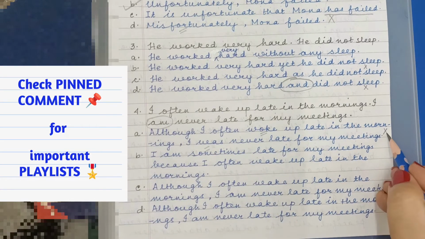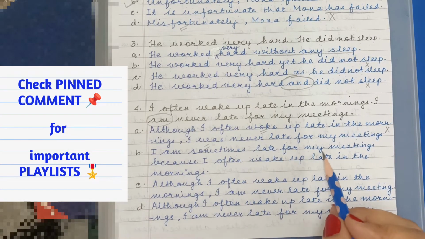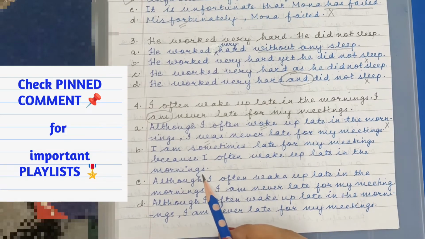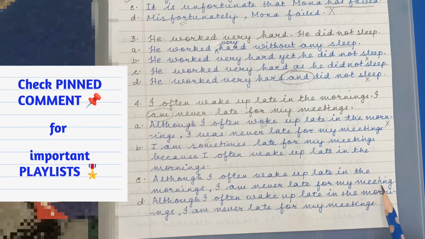Eliminate it right at the beginning. I am sometimes late for my meetings because I often wake up late in the mornings. Although I often wake up late in the mornings, I am never late for my meeting. Although I often wake up late in the mornings, I am never late for my meetings.